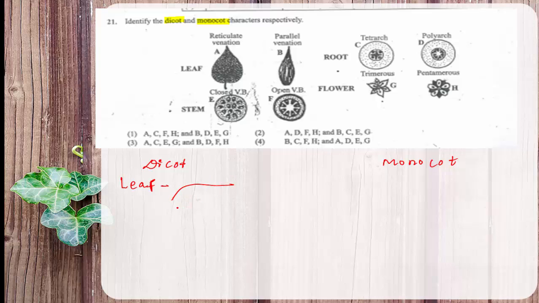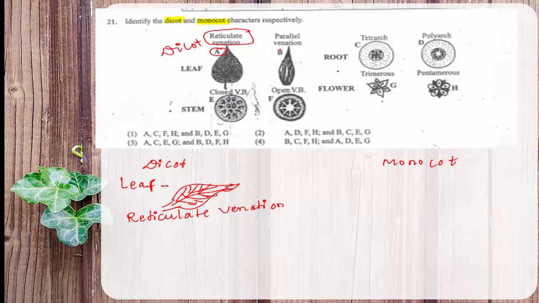So in the dicot leaf, the type of venation found is reticulate venation. So leaf of the dicot, it shows reticulate venation. In the image, this is reticulate venation. So A becomes the character of dicot.